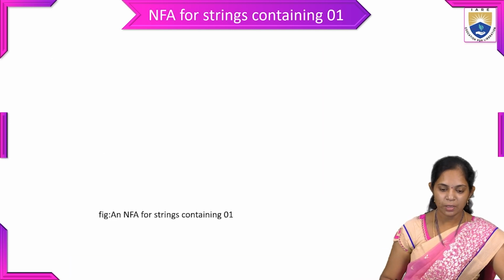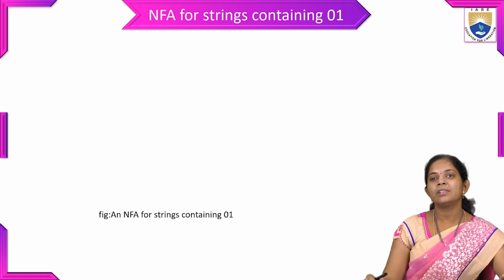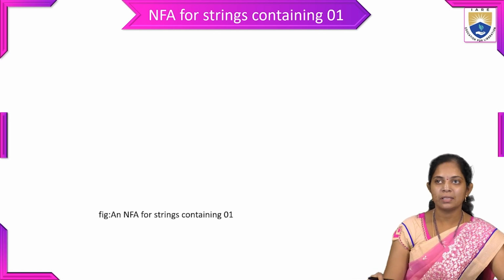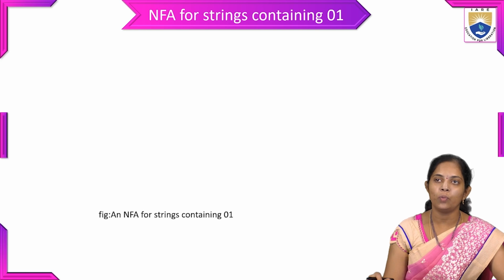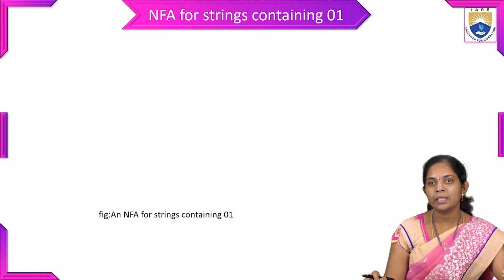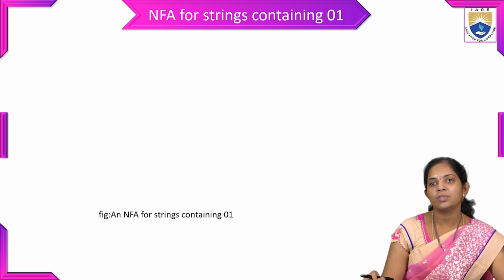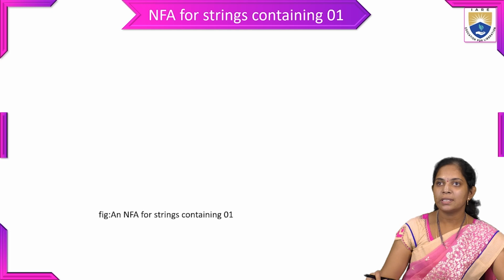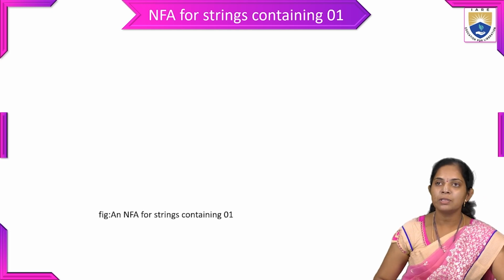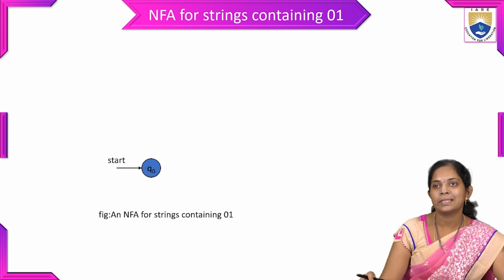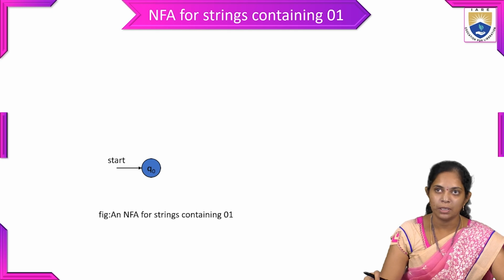Next, we can construct an NFA for strings containing 0, 1. Here we have taken a simple example. The first step in constructing an NFA is to initialize the states, with the arrow symbol marking Q naught as the initial state.